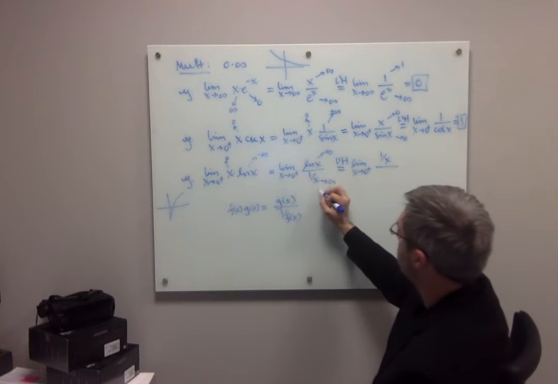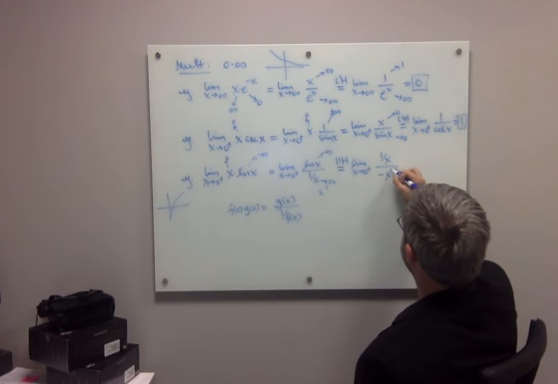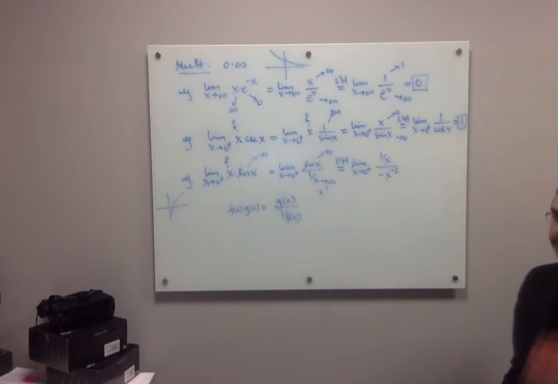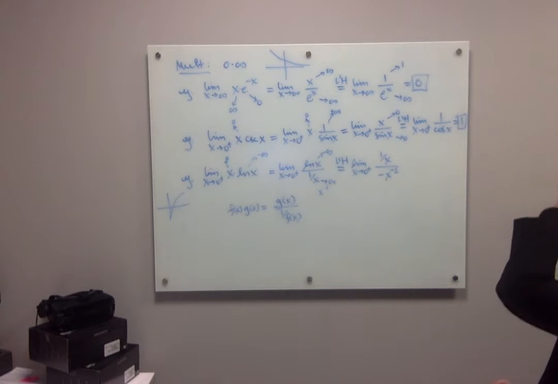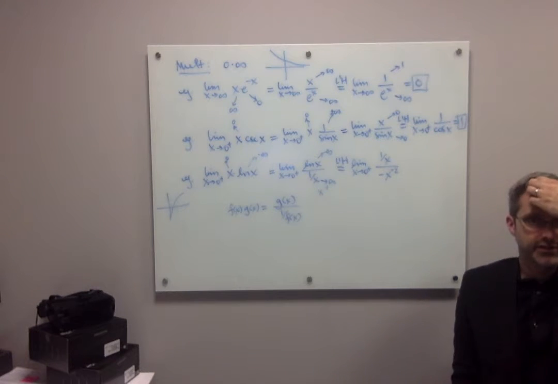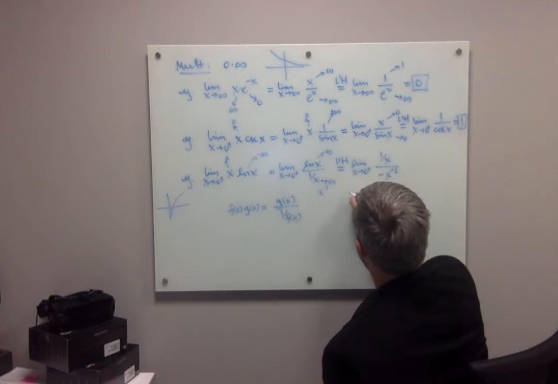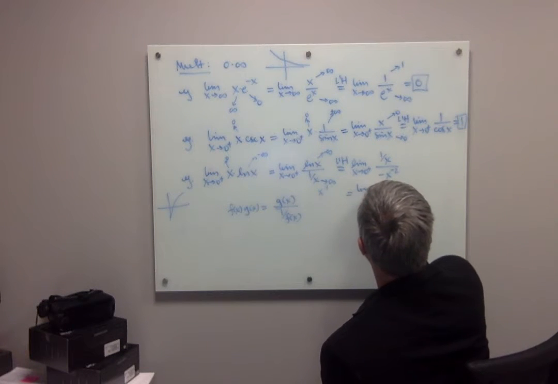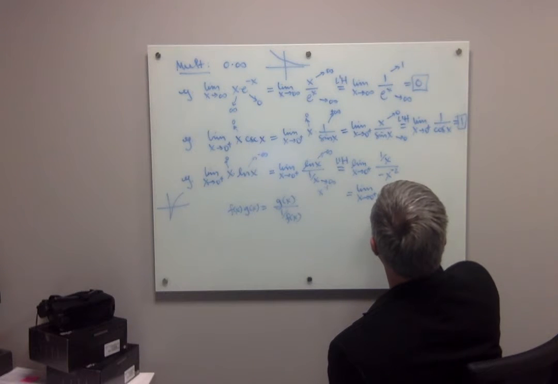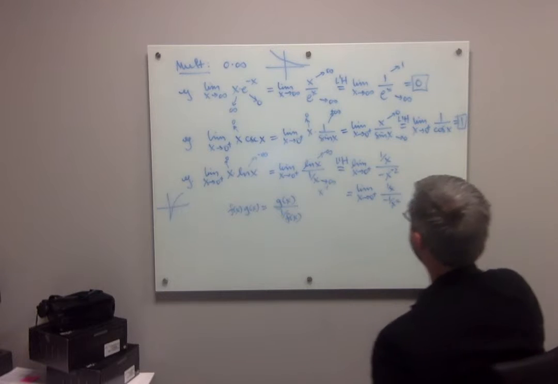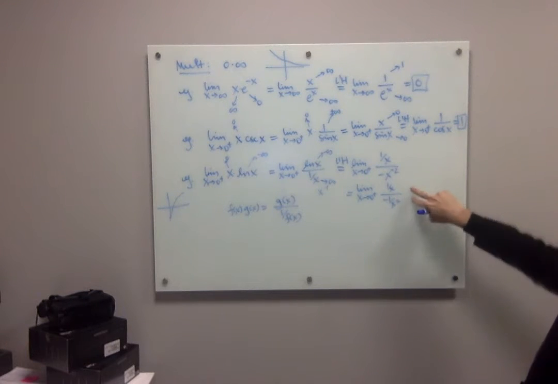And the derivative of 1 over x, that's x to the minus 1, is minus x to the minus 2, right? So I just took the derivative of the top and the derivative of the bottom. The bottom is 1 over x, and so I took its derivative. All right. So now let's clean that up. So I've got 1 over x over negative 1 over x squared. Let's go ahead and flip that fraction now.